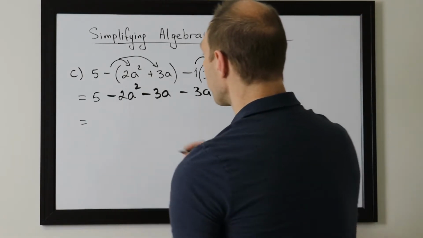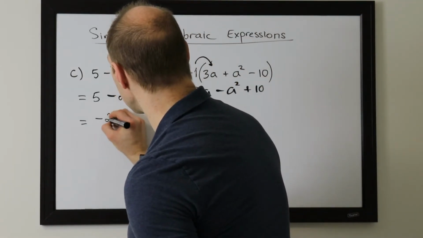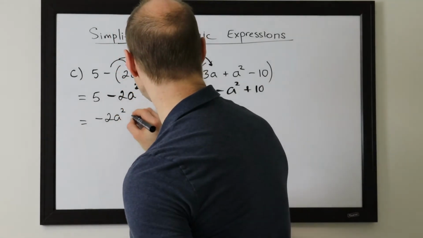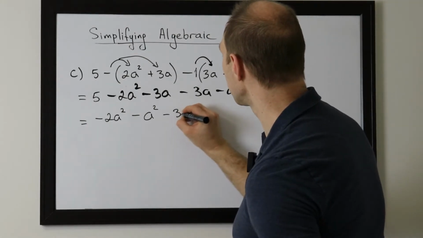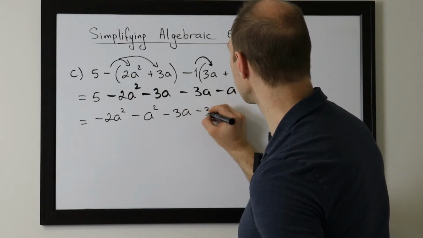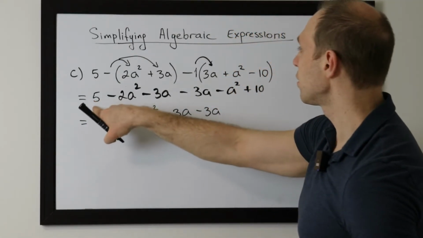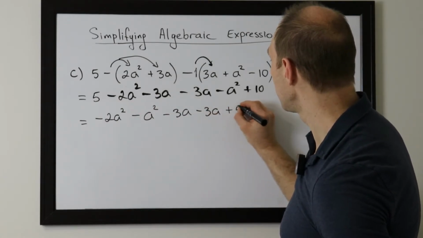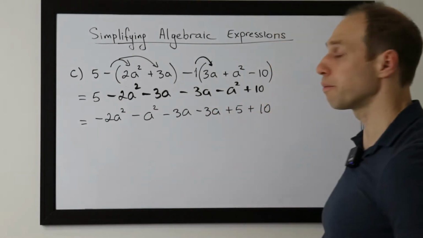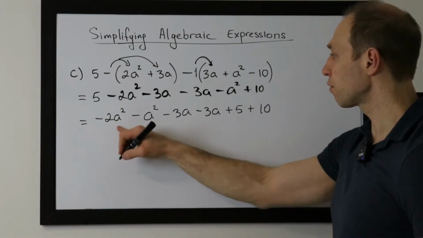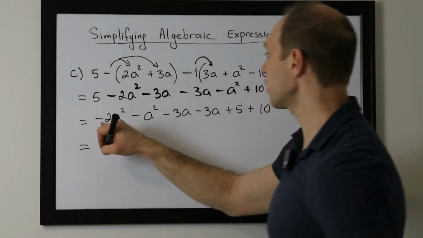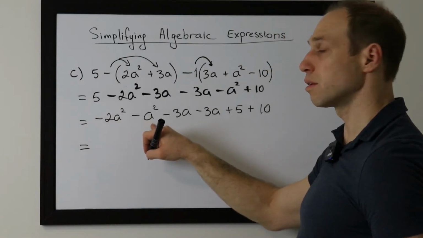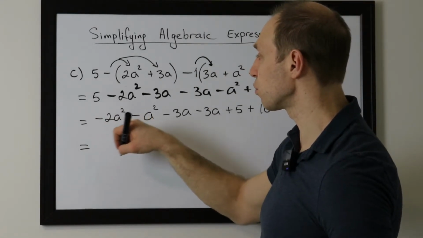So let's take a look. We have negative 2a squared minus a squared minus 3a minus 3a plus 5 and plus 10. Okay, for a final answer, negative 2a minus a makes it even more negative.